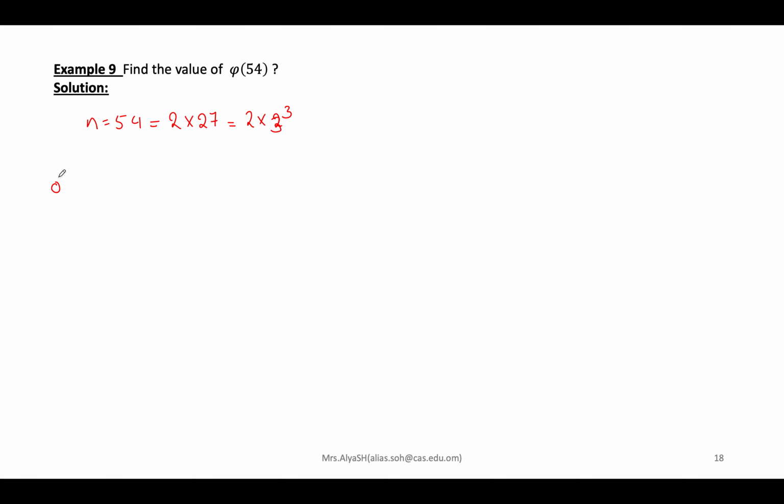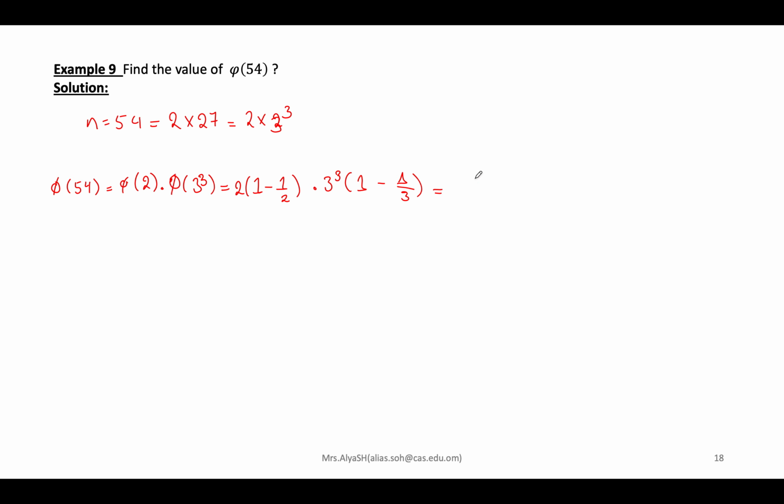Now the first way, we can find phi of 54 by applying phi of 2 times phi of 3 cubed. So here we got 2 multiplied by (1 minus 1 over 2), times 3 cubed multiplied by (1 minus 1 over 3).